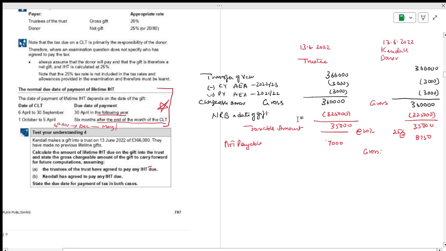Should be before, right? Multiply the net. Times 20 divided by 80.